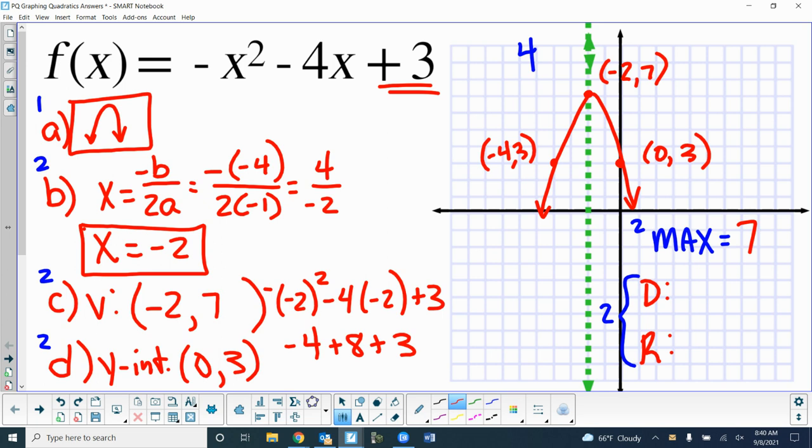That's 2 parallel lines and then the R there, that represents all real numbers. And for range, remember that's our y values. Domain is our x values. Since it's a max, it's less than or equal to, and again, it's the same answer as our max answer. It's the y value of the vertex. That's the largest y value we could have, that 7. All the other y values will be below 7 down here.